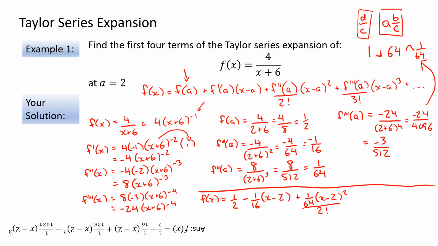In this case I had a plus, but it's actually a negative, so minus 3 over 512 times x minus a cubed divided by 3 factorial.